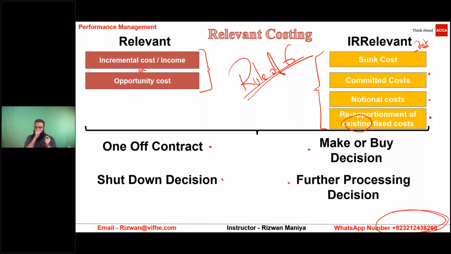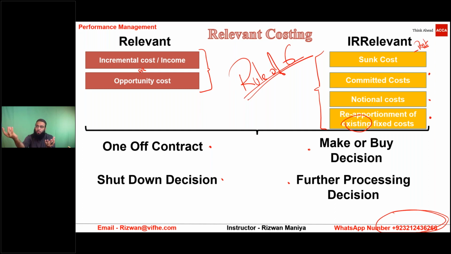I have a factory and I'm paying the rent here. Now I got one job. Because this is a job I'll conduct in my existing factory, I am charging a portion of the existing fixed cost to that job.